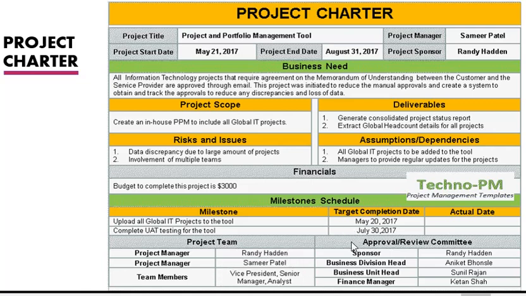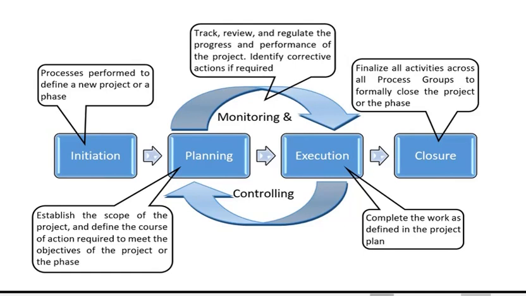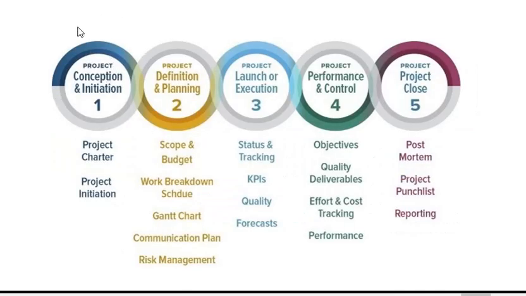And lastly, we have the approval and review committee, that is, the sponsor, business division head, business unit head, and finance manager. So all these names need to be mentioned in the project charter, right? So yes, this is the most important document in the project life cycle, which is designed or drafted in the very first stage.